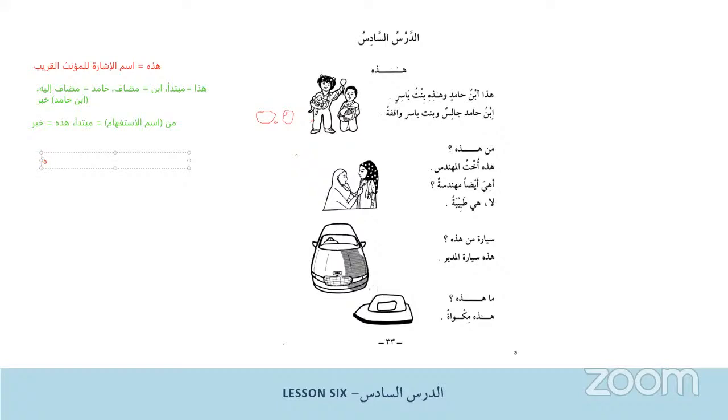So هذه, what's هذه التركيب؟ مبتدأ. أخت equals مضاف, and that leaves us with المهندس which equals مضاف إليه.